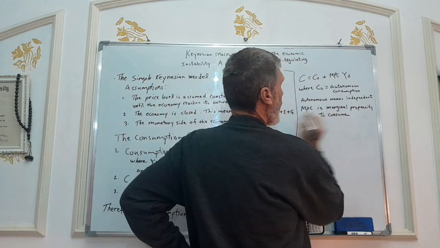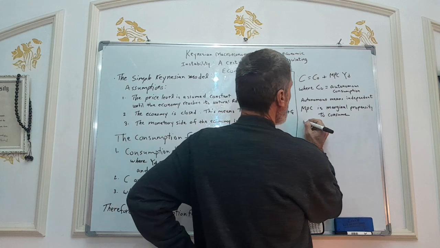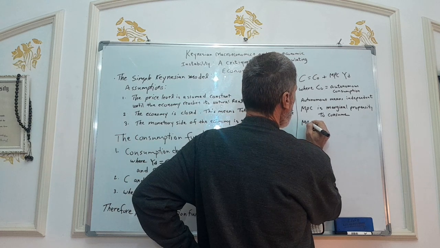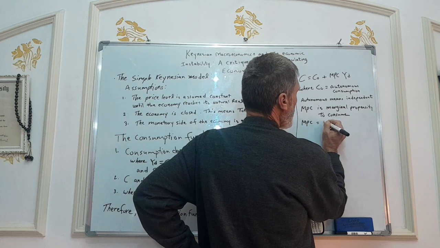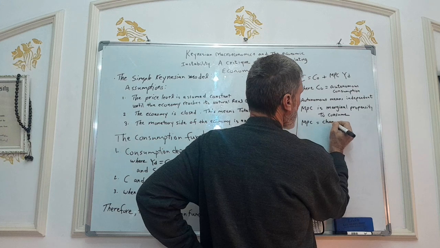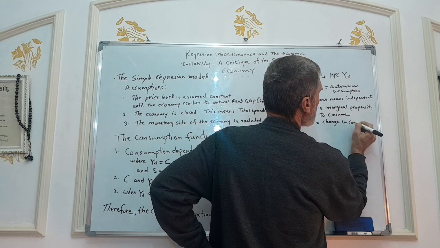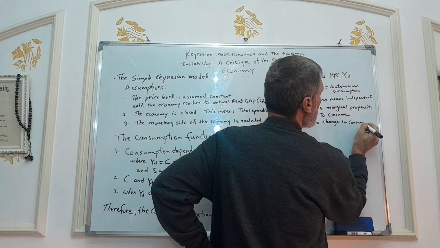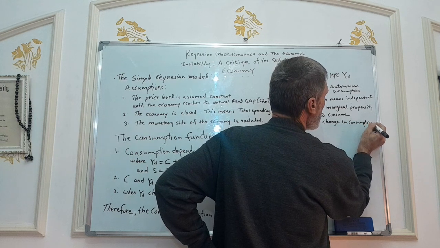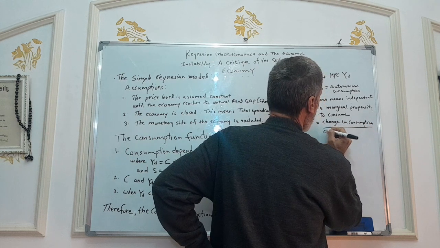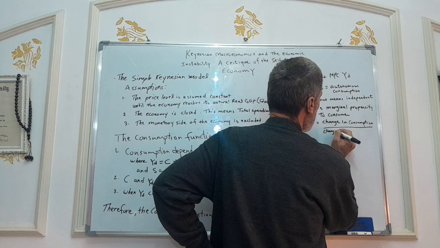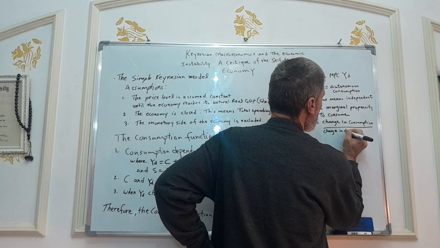So MPC is equal to the change in consumption over the change in disposable income.